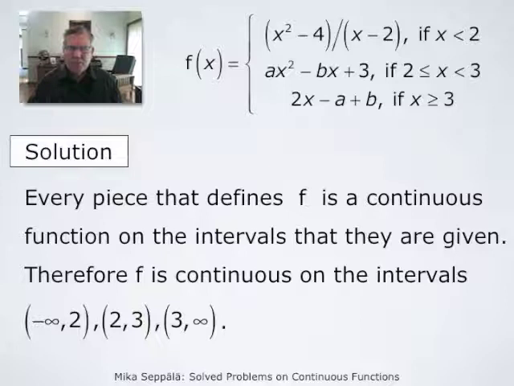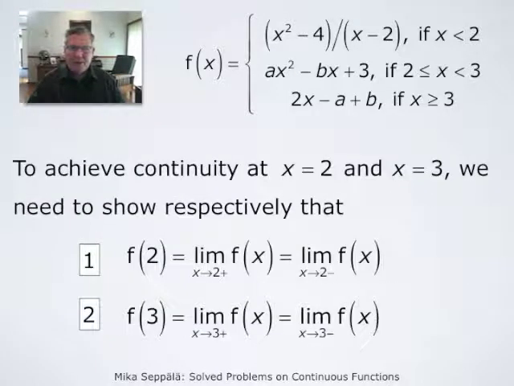In order to figure out for which values of a and b f might be continuous at 2 and at 3, we have to compute the one-sided limits. So we must have that f at 2 is the same as the limit as x approaches 2 through numbers larger than 2 of f of x, and that is the same as the limit as x approaches 2 through numbers less than 2 of f of x.